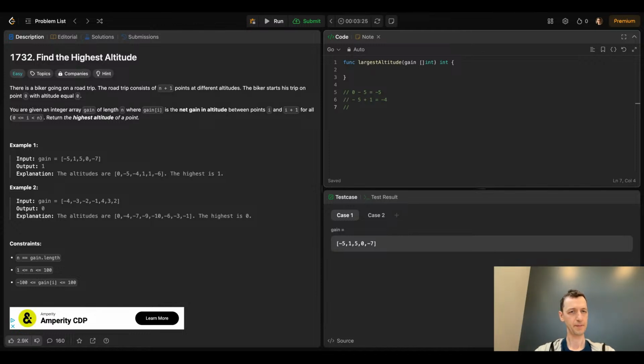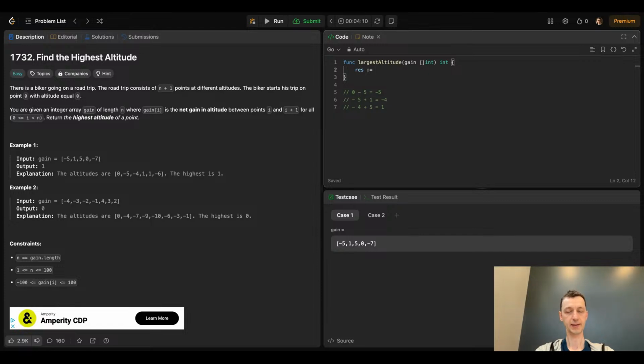Then -4 plus 5 is 1. Then we have 0, and then we have -7. So that's the highest point. Well, it looks like we need to get that number and track the maximum out of these numbers, compare it to our maximum, and we'll have a result.